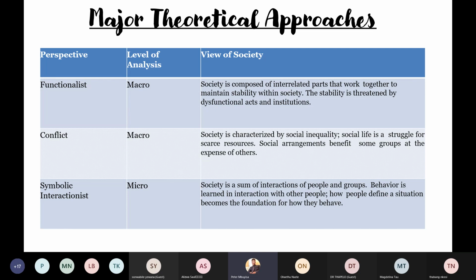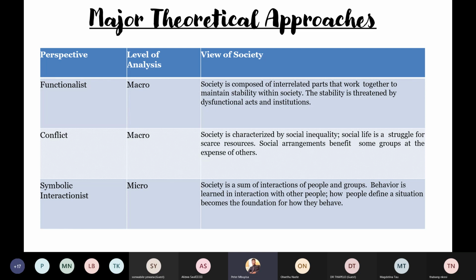And then another perspective we look at is what we call conflict theory, or the conflict paradigm. And this is by Karl Marx. And if you did your readings in week 1, you might have come across this.